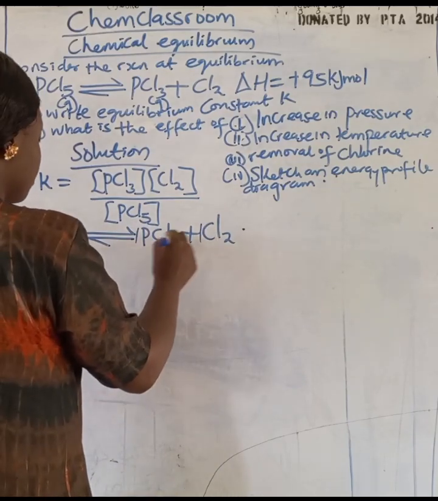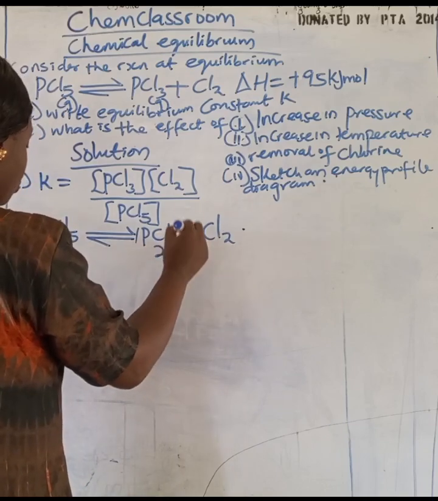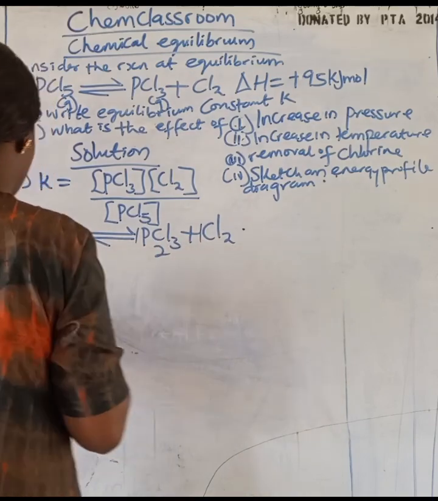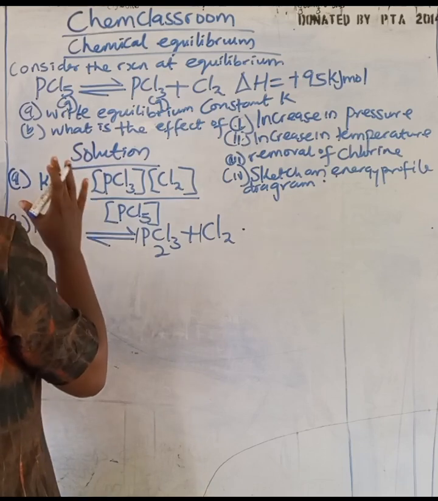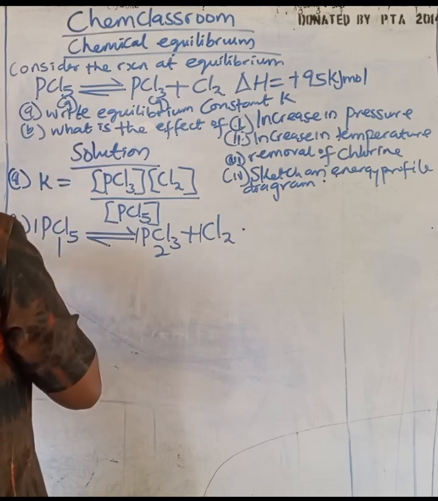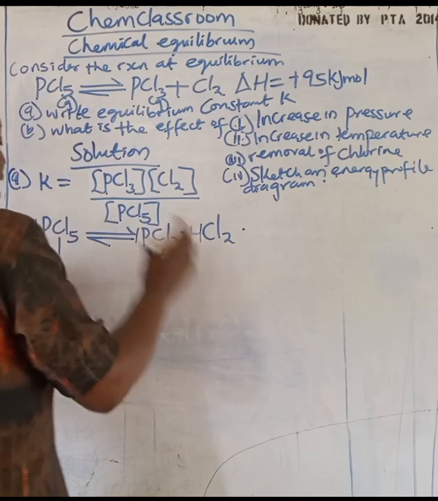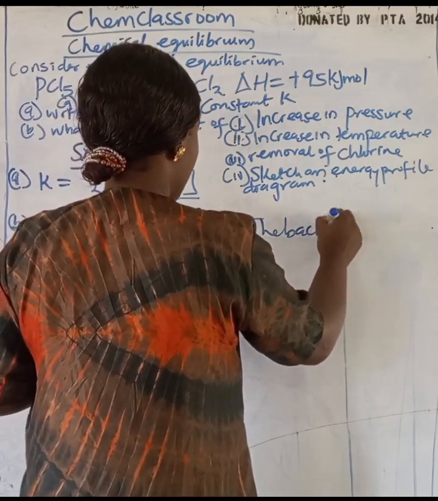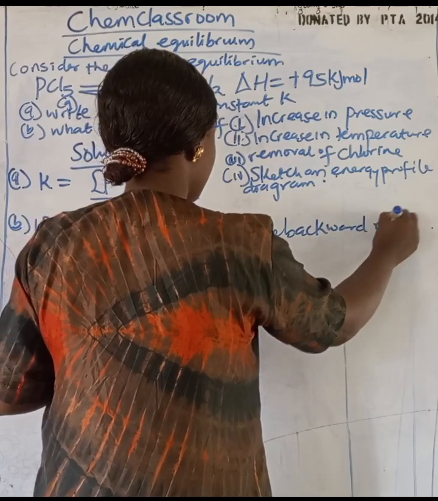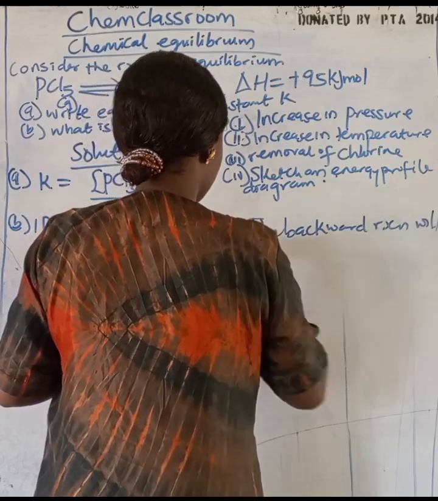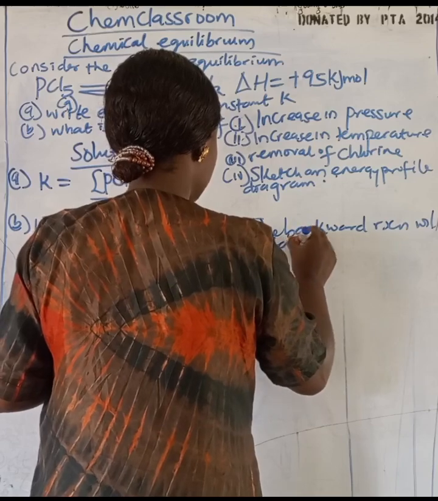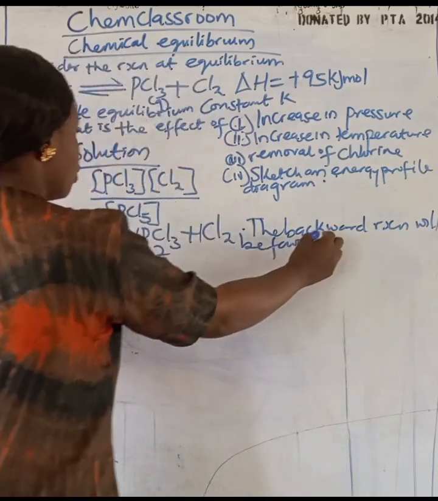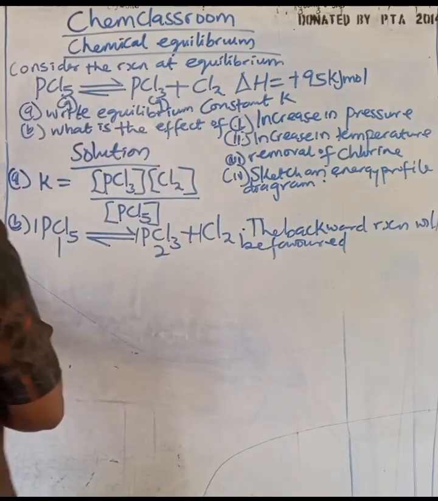For the product side, I have 2. So if there is going to be an increase in pressure, it is going to shift to the reactant side. So here now, the backward reaction will be favored. So what this means is that the equilibrium will shift to the left.